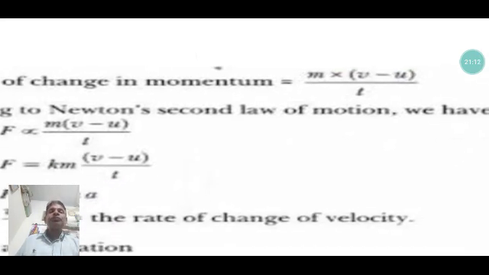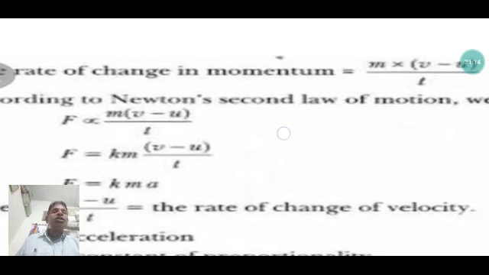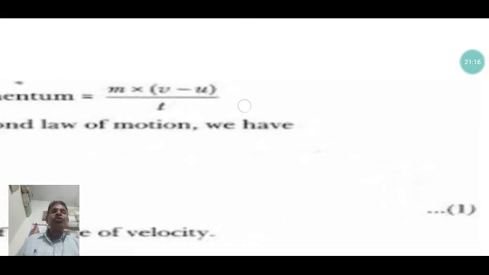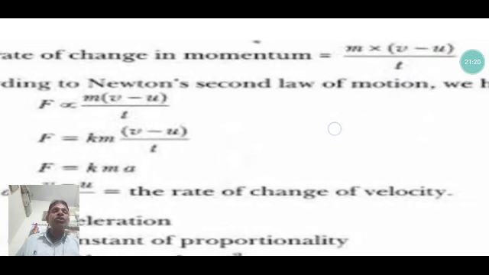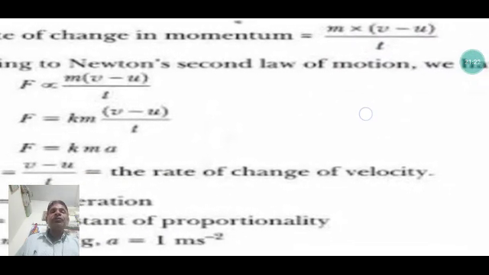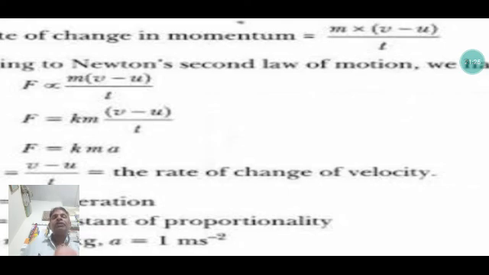Now look here. The rate of change of momentum is (mv minus mu) by t. According to Newton's second law of motion, F is directly proportional to the rate of change of momentum, and F is equal to k m(v minus u) by t.